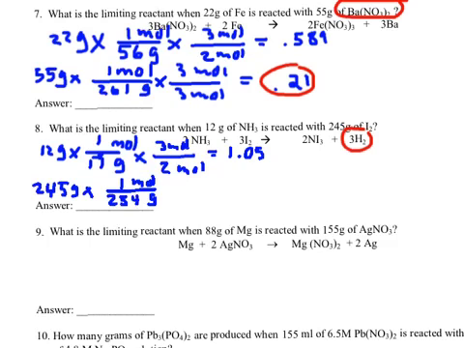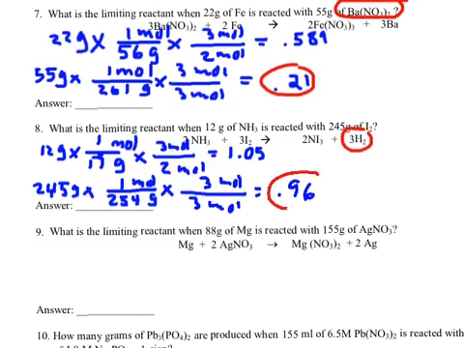Alright, now I had to add the step where I say, alright, it takes 3 moles of this to make 3 moles of this. Notice I have to choose the same target. So 3 moles of iodine makes 3 moles of hydrogen. And then I get 0.96. So therefore, this is my limiting reactant. So what I'll run out of first is the iodine.